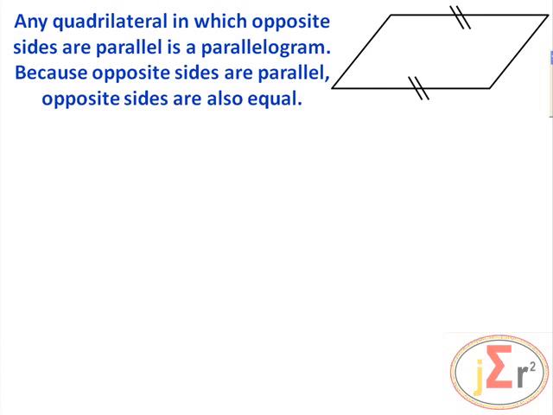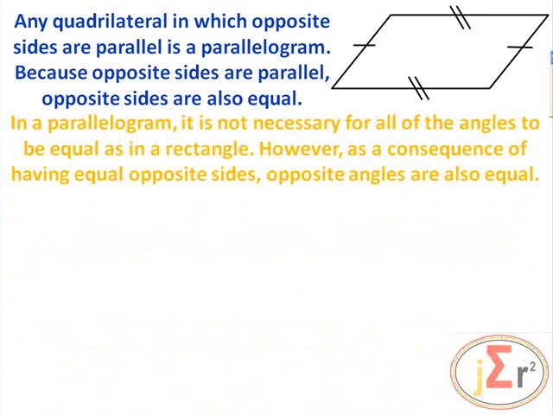A parallelogram has opposite sides that are parallel. And because opposite sides are parallel, opposite sides are also equal. In a parallelogram, it is not necessary for all of the angles to be equal as in a rectangle. However, as a consequence of having equal opposite sides, opposite angles are also equal.